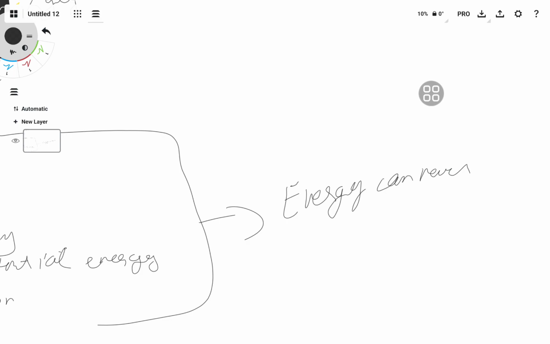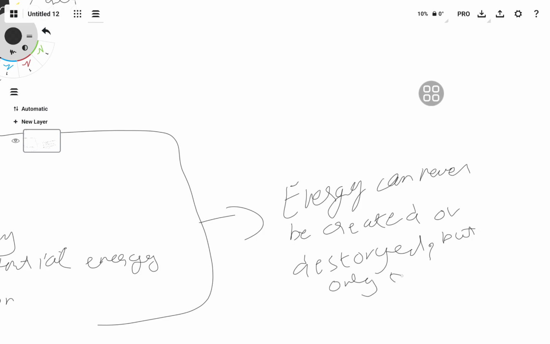So energy can never be created or destroyed, but only transformed from one form to another.